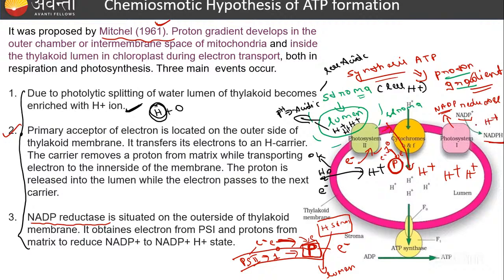This NADP reductase is facing towards the stroma. What he will do? He will take the proton from the stroma and send those protons to the lumen. Now, in the lumen, due to all three things, the photolysis of water, the primary acceptor sending to the proton acceptor, and the NADP reductase, the protons go on accumulating in the lumen.